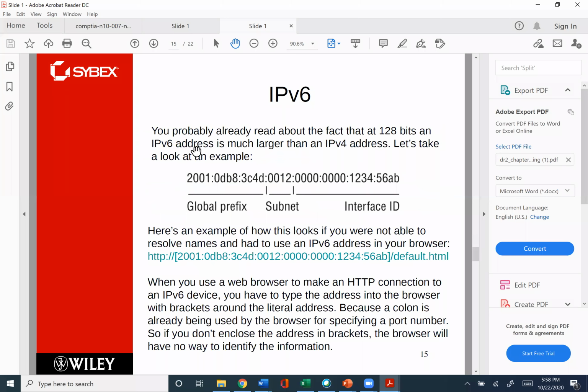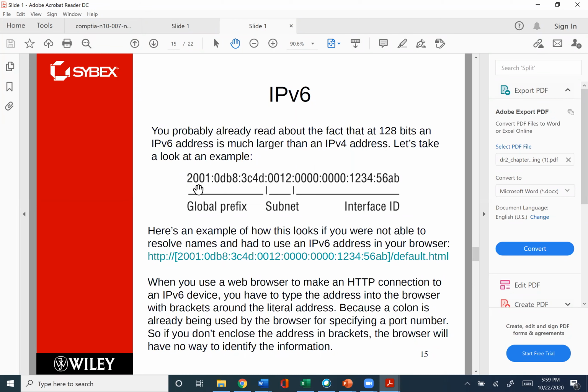So this is an IPv6. What is this representation? We said the other one is a decimal representation. This one is what? No, this is a hexadecimal. Yeah, hexa. Okay.